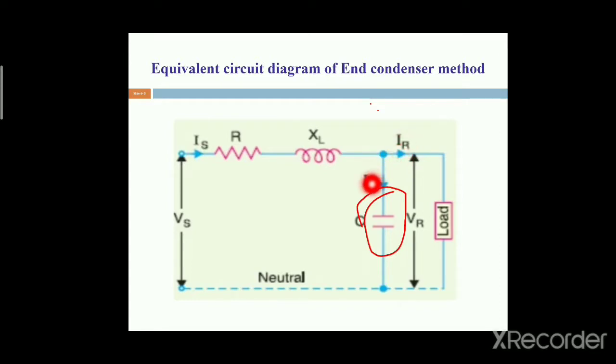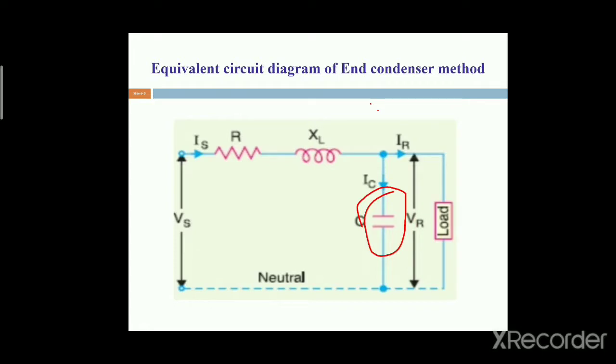IR and IC are the leaving currents, where IC is the current flowing through this capacitance and IR is the receiving end current. VR is the load voltage, the receiving end voltage.